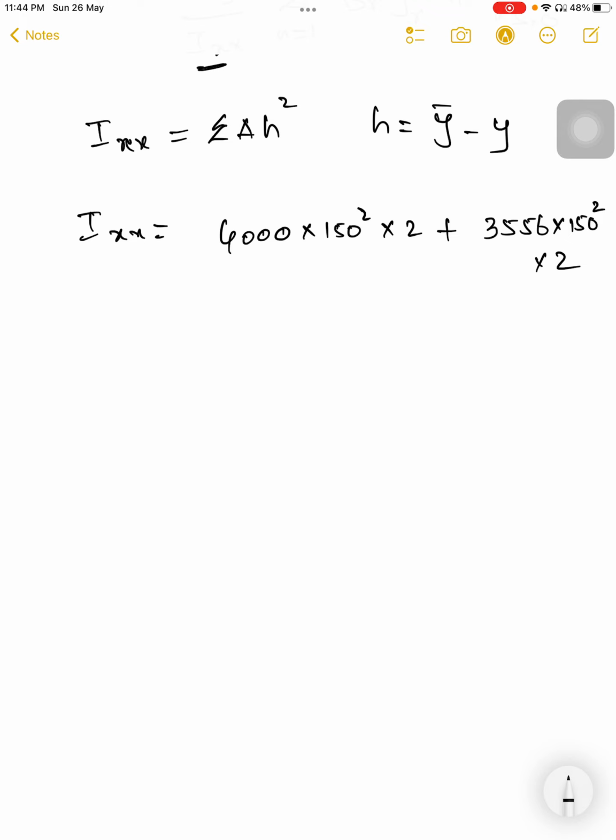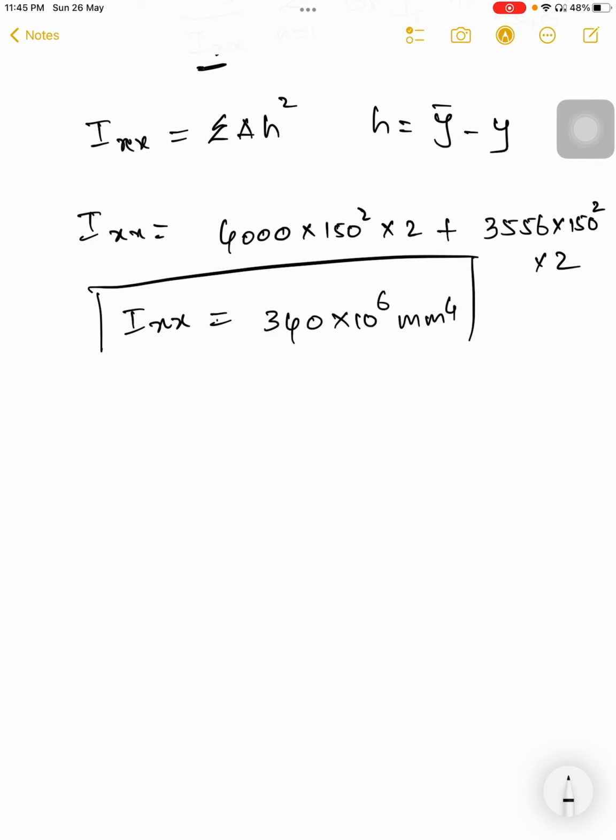So Ixx equal to 340 into 10 power 6 mm power 4.